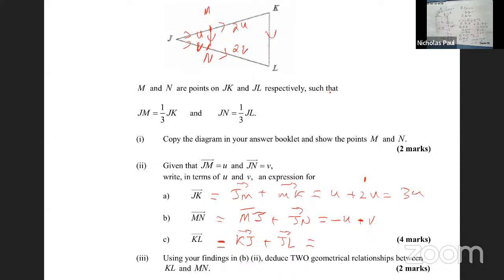Minus 3u, and JL is what? 3v. So they're talking about parallel and so on. You have to show parallel, and probably something to do with length.